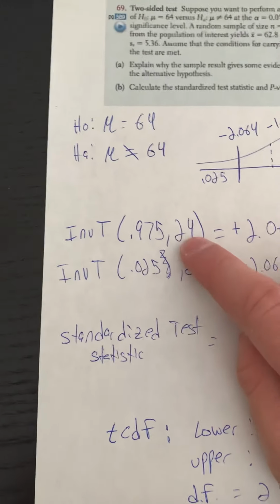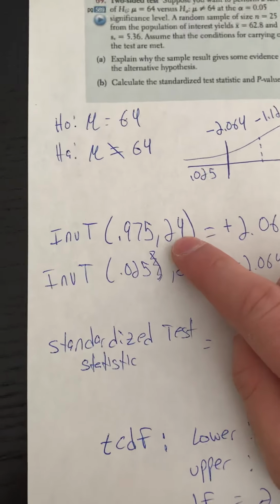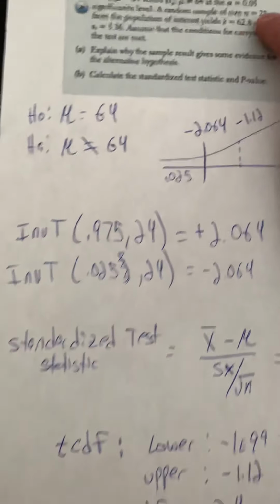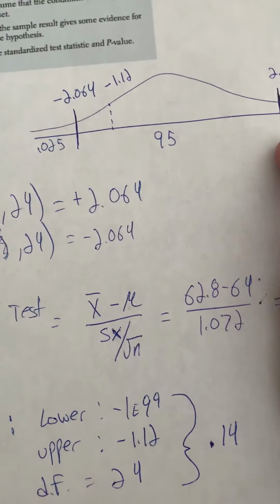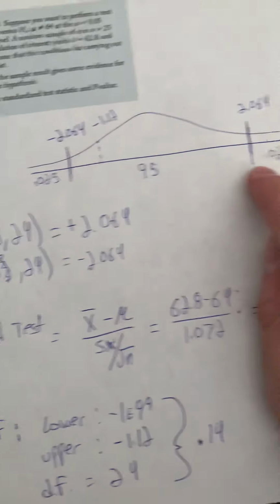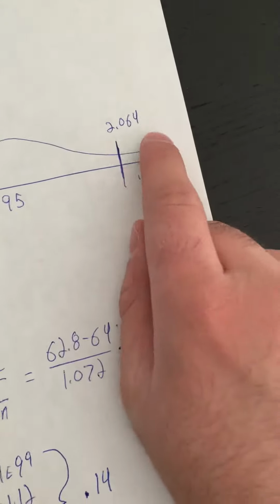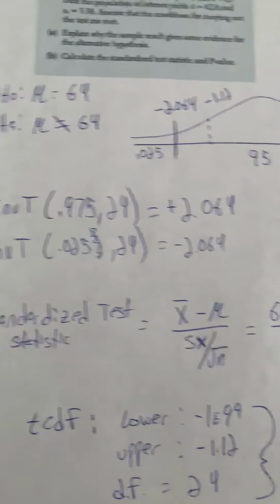This degrees of freedom 24. Remember, degrees of freedom are always equal to n minus 1. So our sample size n was 25 minus 1 is 24, and you'll notice that gives you a critical value of positive 2.064. So any standardized test statistic that we get that's above 2.064 is going to result in us rejecting the null.